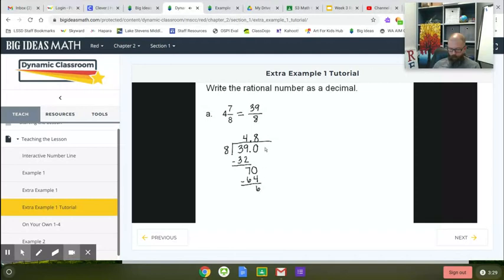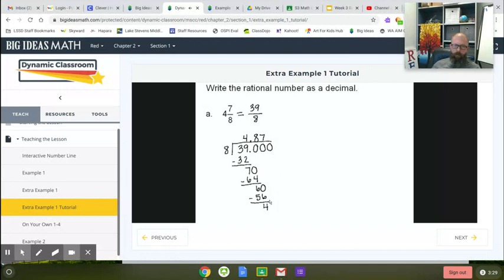8 goes into 60 7 times. So 8 times 7 is 56. Then subtract 56 from 60, and we have 4. Again, place a 0 in our dividend and bring it down to give us 40. 8 goes into 40 5 times.